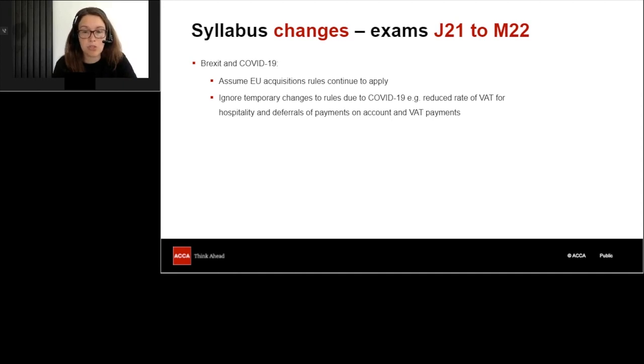You will just assume that the businesses or individuals in your exam did not take advantage of any of these reductions or deferrals or anything like that. So I just thought it was worth clarifying that in case anybody was a wee bit concerned as to whether they would need to know about those kind of things.